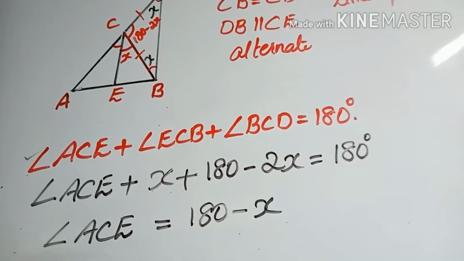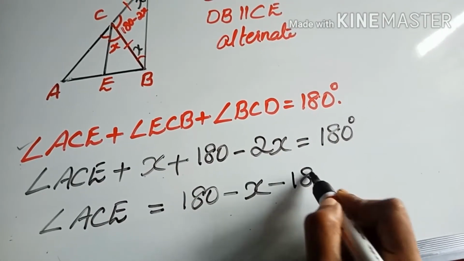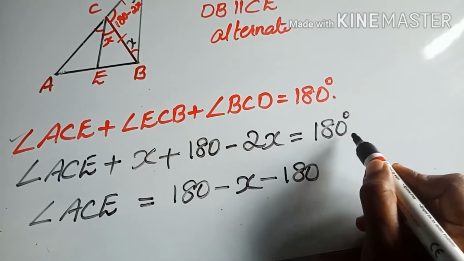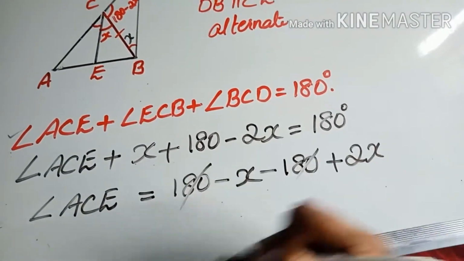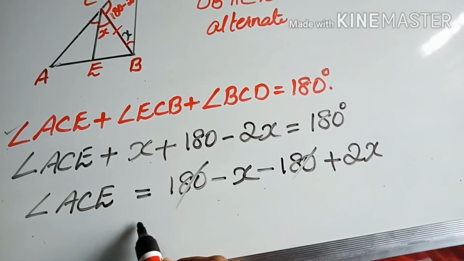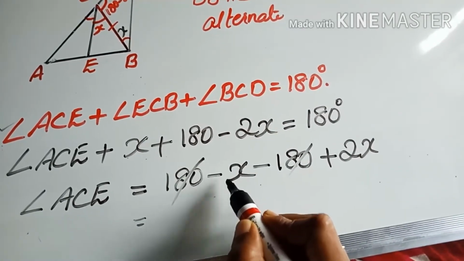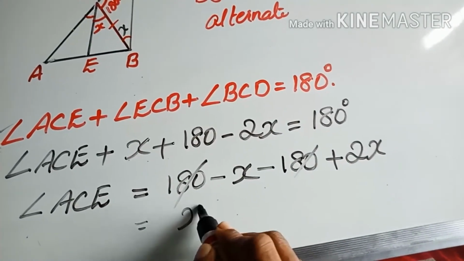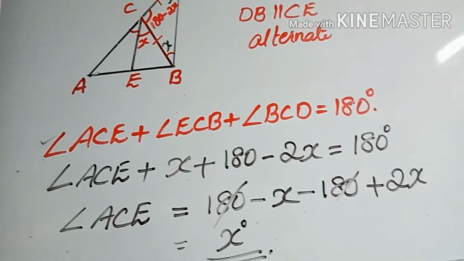Then plus 180 comes to this side, it will be minus 180. Minus 2x comes to this side, it will be plus 2x. Now 180 and 180 we can cancel. Now minus x and plus 2x, so plus 2x minus x. From 2x we subtract 1x. So the final answer will be x degrees. That is, angle ACE equals x degrees.